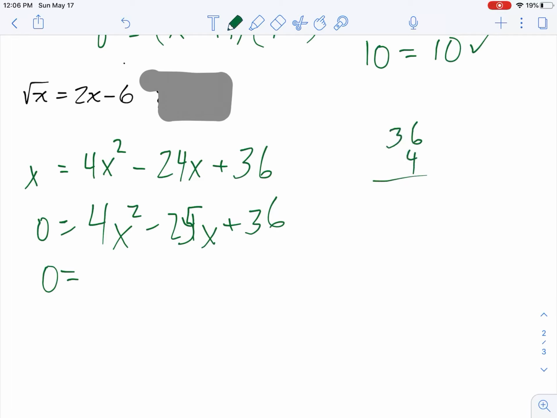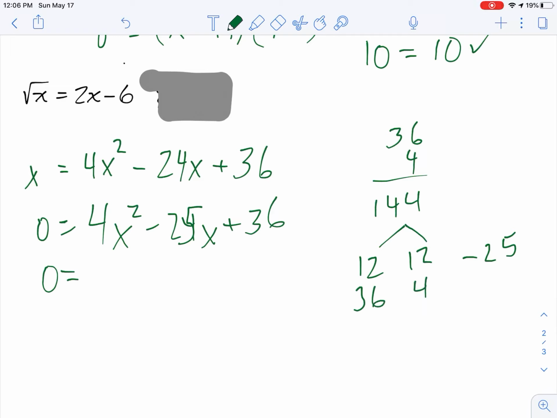All right, 36 times 4 is going to be 144. I need factors of 144 that add up to a negative 25. This is fairly annoying. Well, 12 and 12, that's kind of close, but annoying. 36 and 4.